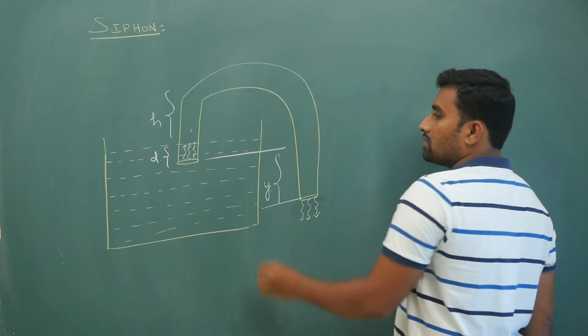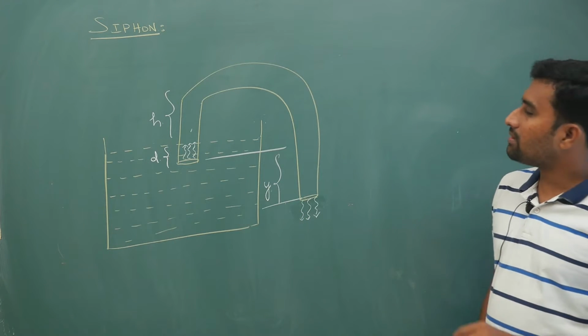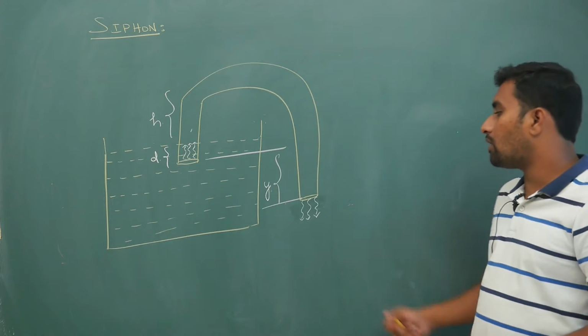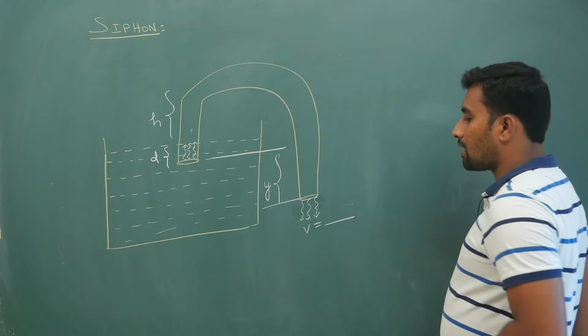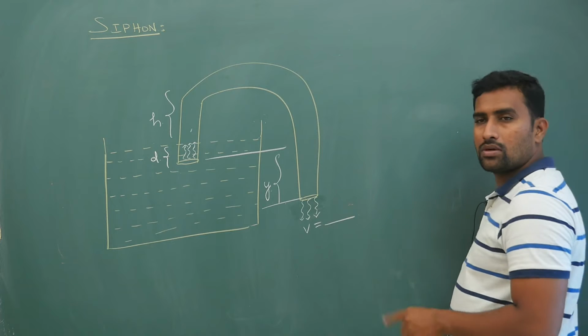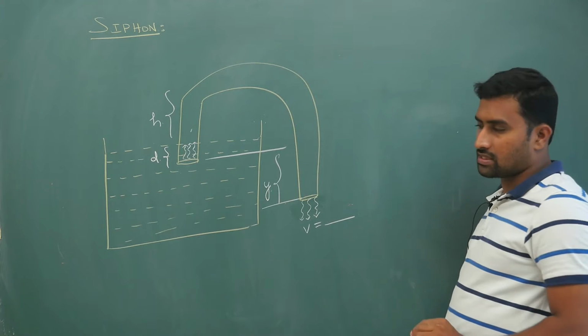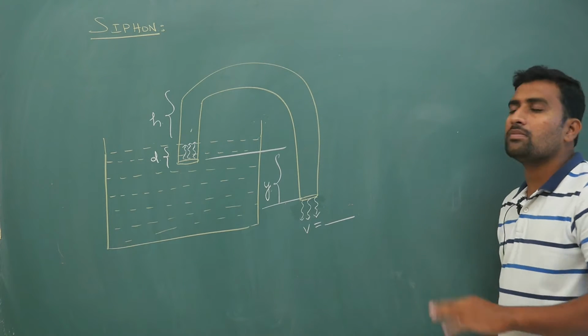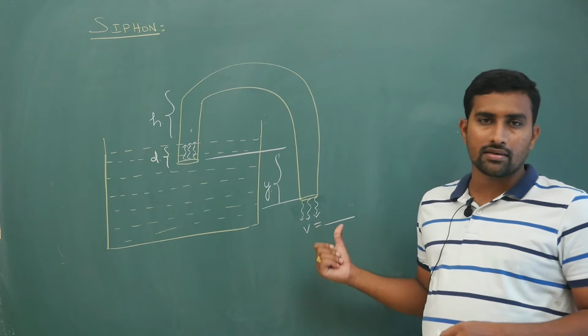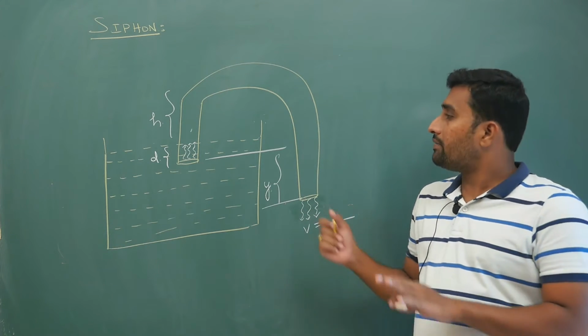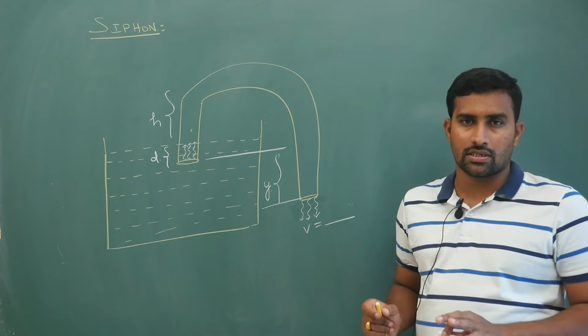Did they give that in the question? No, but we will express our final answer in terms of the velocity with which the liquid comes out of this hole, which you are supposed to calculate. That will be the question. But first let me put the working mechanism in simple terms. Ultimately we are supposed to calculate this value, and interpret this situation.